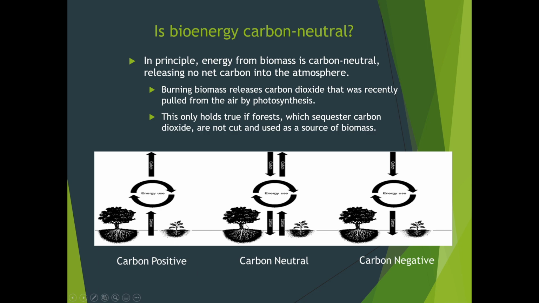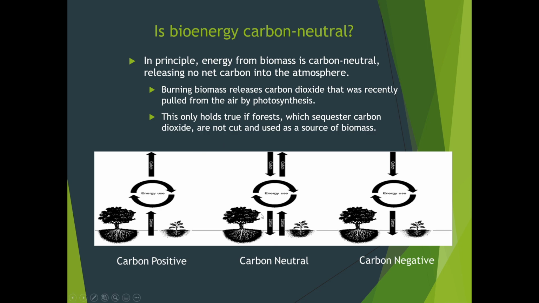If you don't grow these trees right, and you're using a lot of diesel, you're going to be carbon positive. So we've got to do our carbon footprint for each one of these crops. That's what us ecological economists like to do. So we need to be careful. And of course, this only holds true for forest that sequesters the carbon dioxide and is not cut more than it regrows and used as a biomass source.